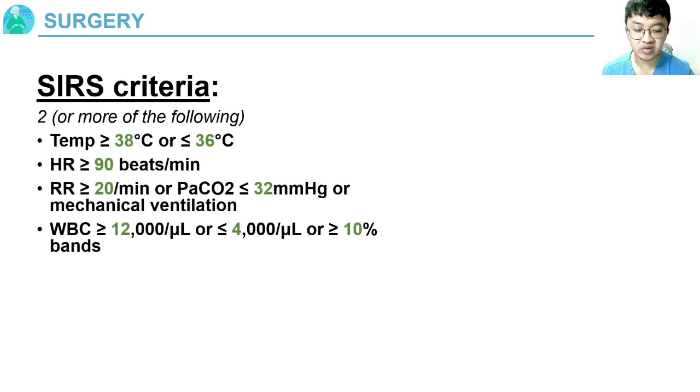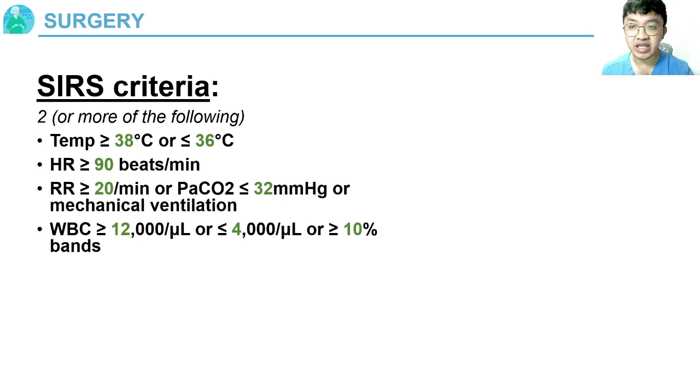So what are the parameters for SIRS? You actually need only 2 out of the 4 to fulfill the criteria for a systemic inflammatory response syndrome. It's temperature, heart rate, RR, and WBCs. Again, walang BP si sir.